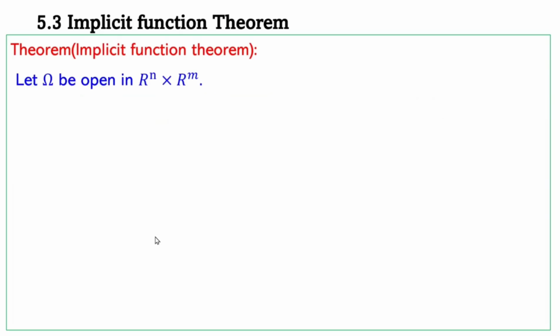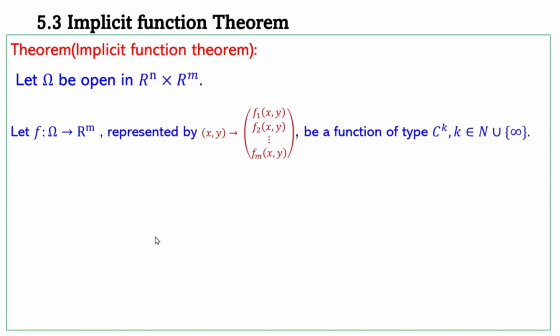So the theorem statement is like this: let omega be open in R^n cross R^m, and f is a function from omega to R^m, which is represented by f(x,y) = (f1, f2, ..., fm).